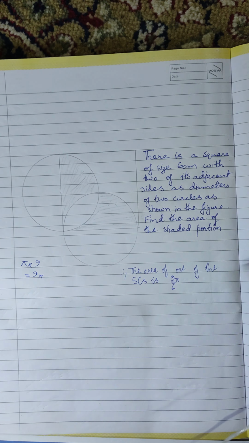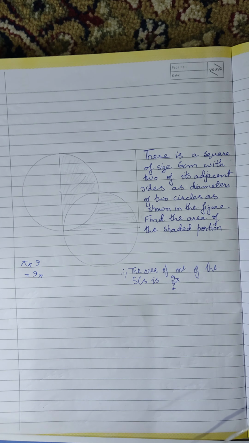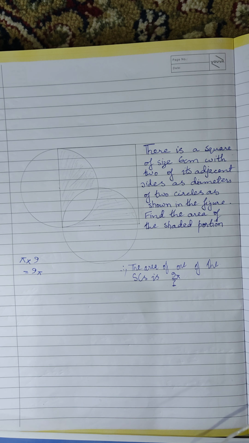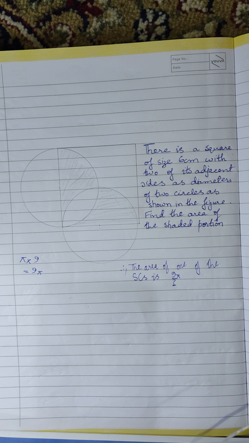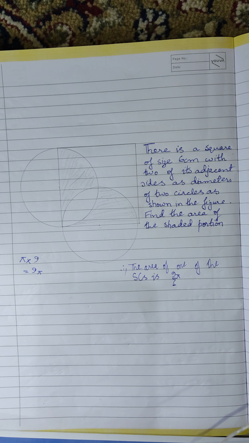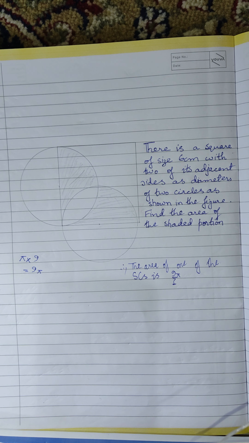Centimeter square is understood already. It's the unit, right? So the area of one of the semicircles is 9 pi by 2. So now let us see what we are going to do.